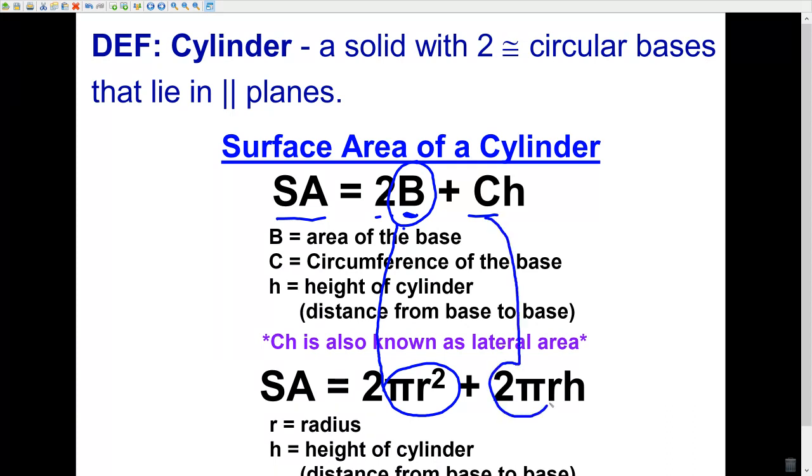So the bottom formula here is really the same thing, just breaking down the area of a circle and the circumference of the circle into more parts, so it's easier to punch in. So I would like using this formula maybe a little bit better. Sweet.